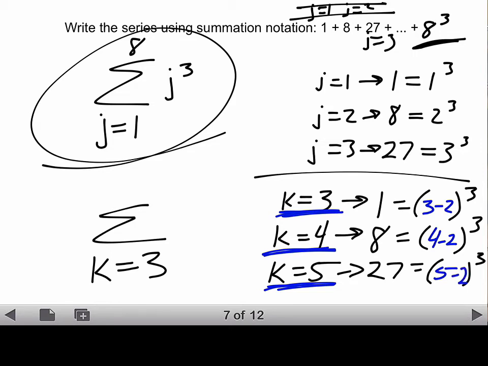So what I see is the same is the 2 in each case. And what I see is increasing is 3 minus 2 cubed, 4 minus 2 cubed, 5 minus 2 cubed. This gives me the idea that the argument of my summation notation is going to be k minus 2 cubed. And I can see that that works, but here's the deal. The upper limit of this sum isn't going to be 8. I still need to have a total of 8 terms.